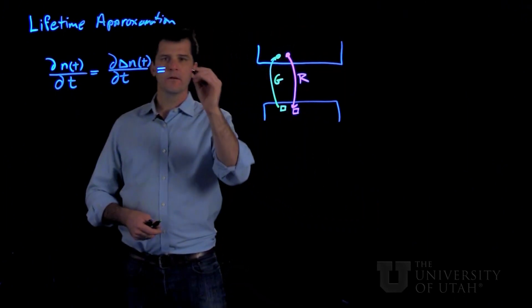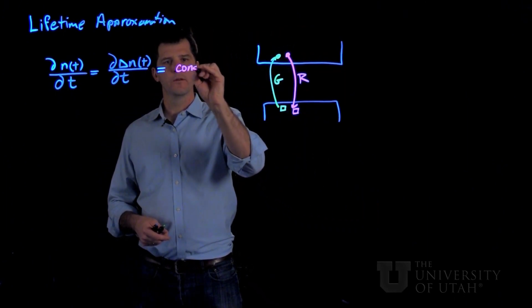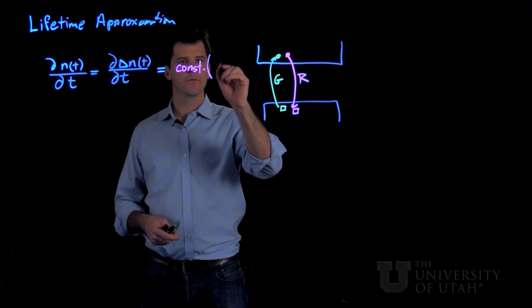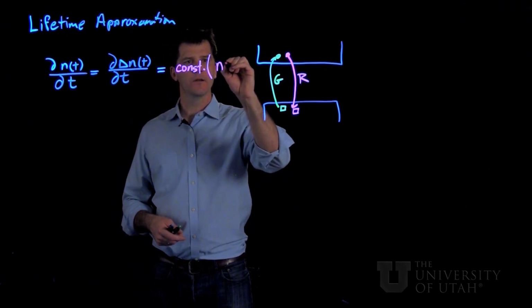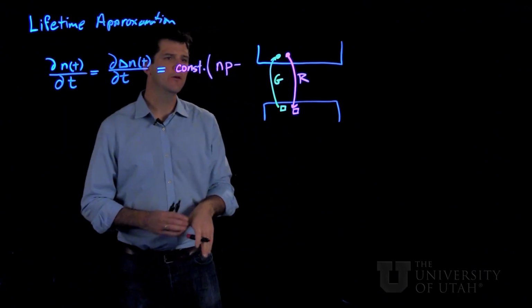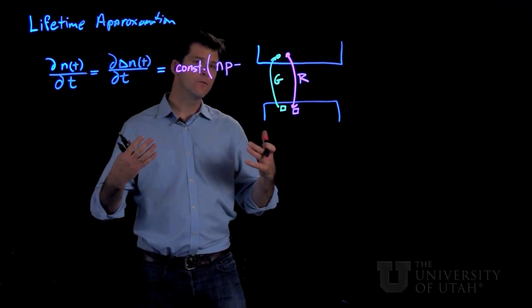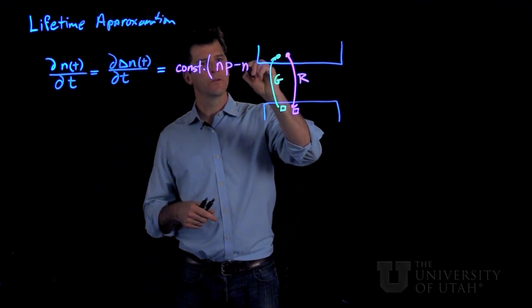So we should intuitively think that the rate of their disappearance should be some constant times the product of n and p. And then we know that all of the carriers won't disappear. You'll only return to the equilibrium state.